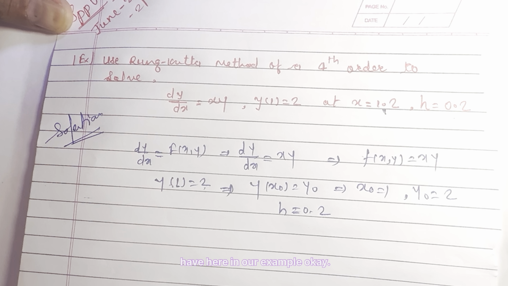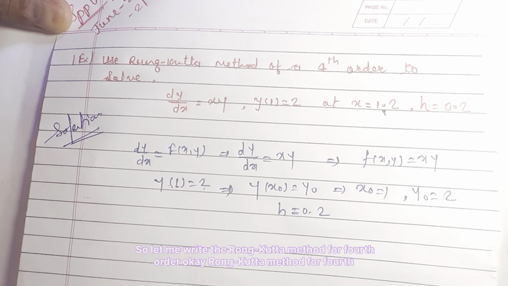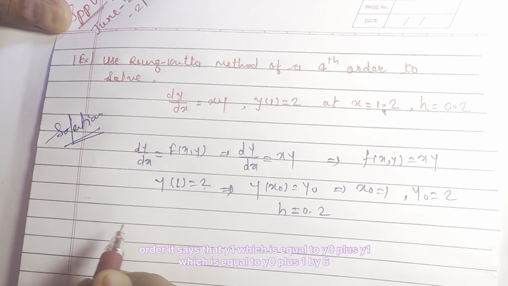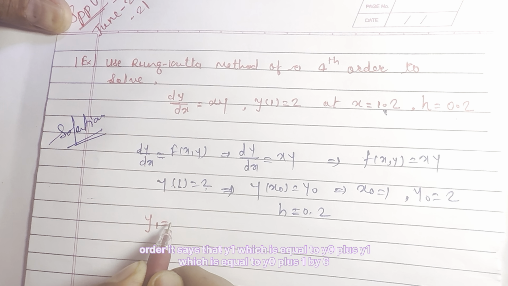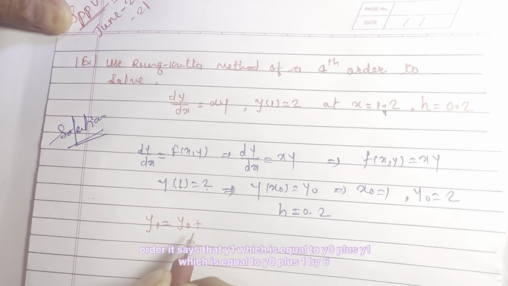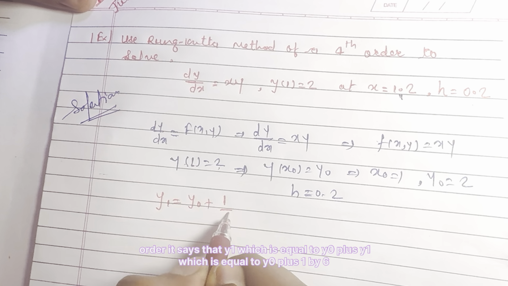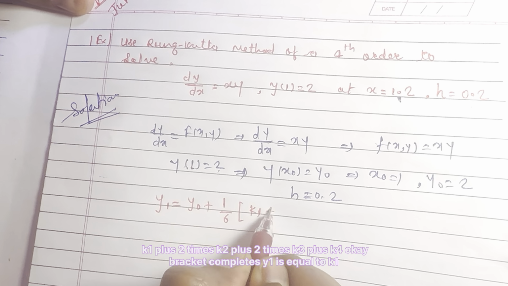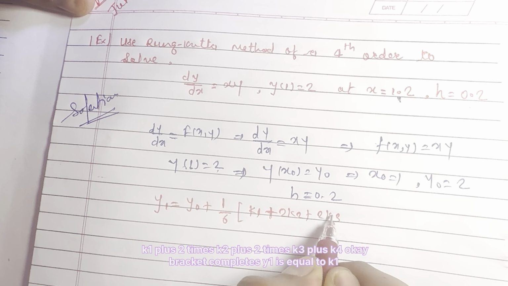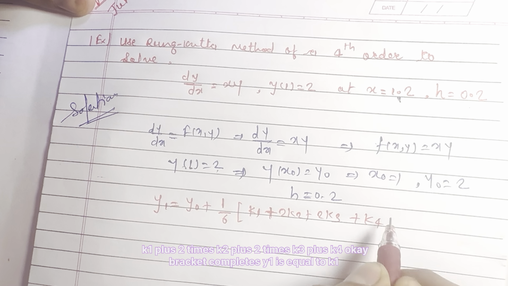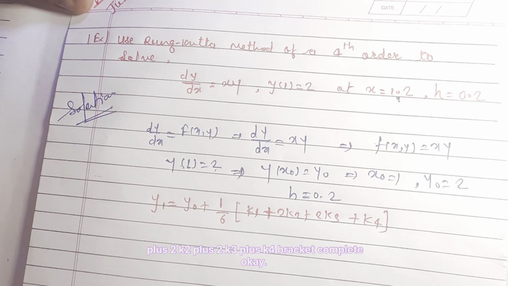Let me write the Kutta method for fourth order. It says y1 is equal to y naught plus 1 by 6 times k1 plus 2 k2 plus 2 k3 plus k4, bracket complete.